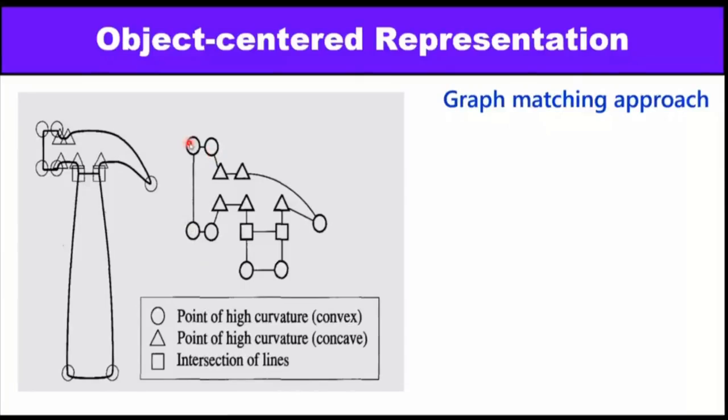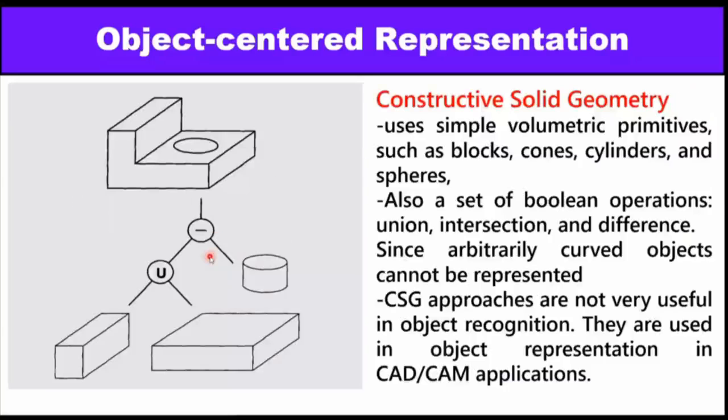So I can make conditions based on these, and I can make a graph matching approach. Here all these segments, curvature segments and straight line segments, are called features, and those are what we are matching. So the first technique is graph based matching.